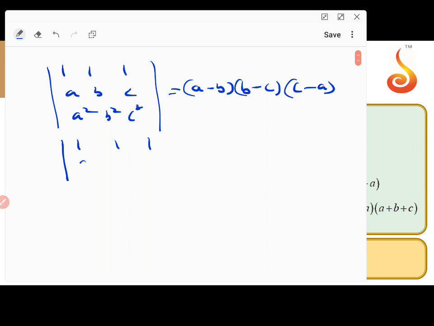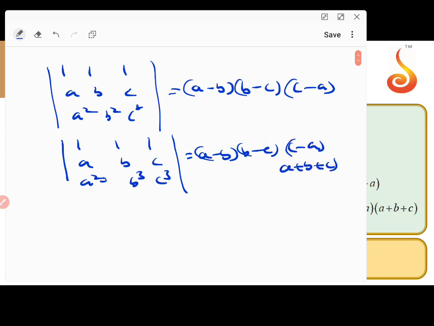Next, 1, 1, 1; a, b, c; a cube, b cube, c cube. You can remember this value as (a minus b)(b minus c)(c minus a) into (a plus b plus c).